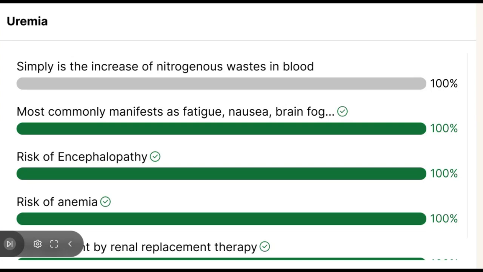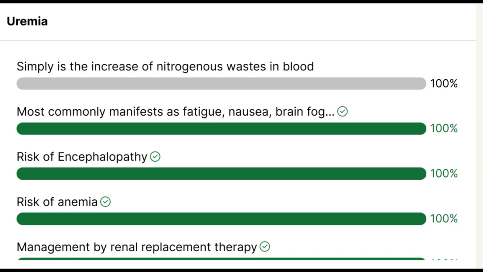So uremia is not simply the increase of nitrogenous wastes in blood. I think that is azotemia. Uremia is when the uremic symptoms begin to manifest. It most commonly manifests as the symptoms mentioned here. There's risk of encephalopathy and anemia.